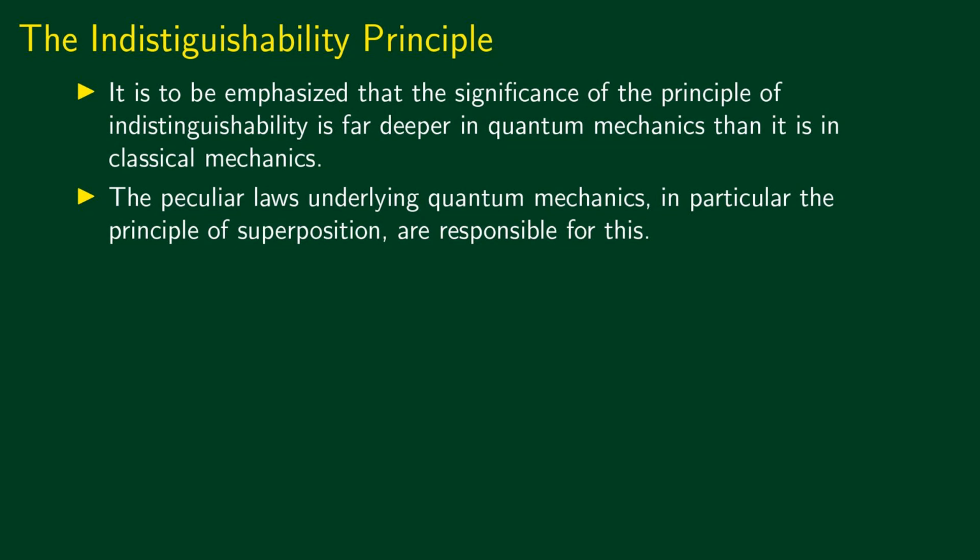As I mentioned before, this indistinguishability has serious consequences in quantum mechanics, and we have to emphasize that the significance of the principle of indistinguishability is far deeper in quantum mechanics than it is in classical mechanics. The peculiar laws underlying quantum mechanics, in particular the principle of superposition, are responsible for this.